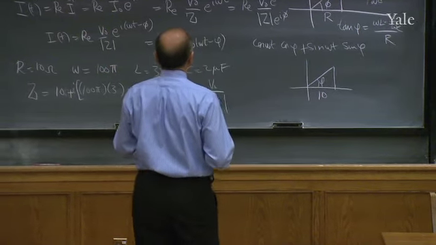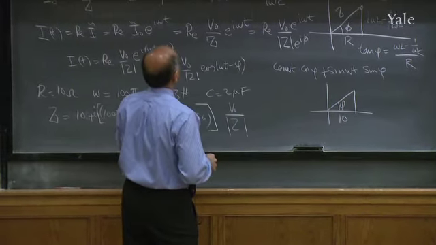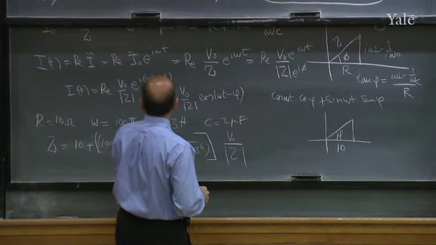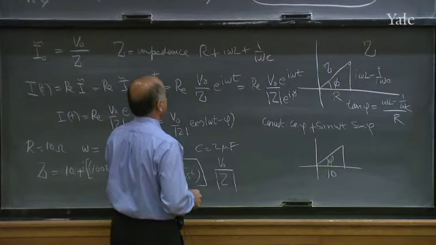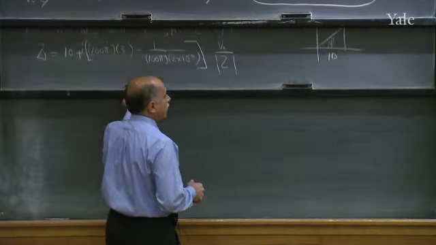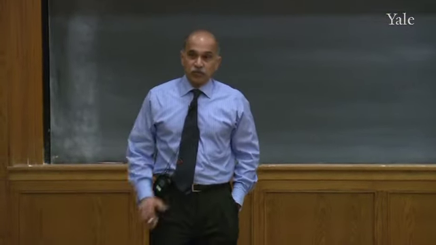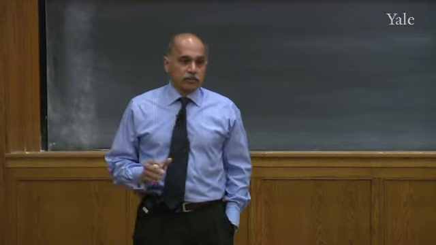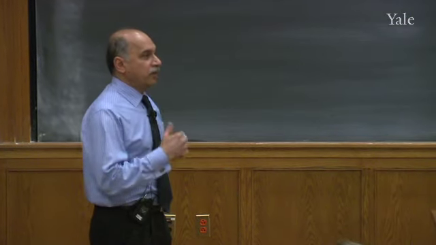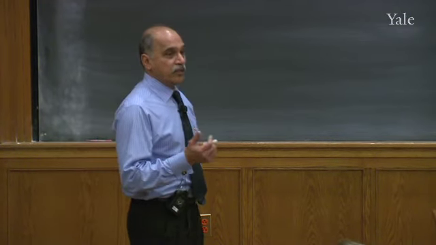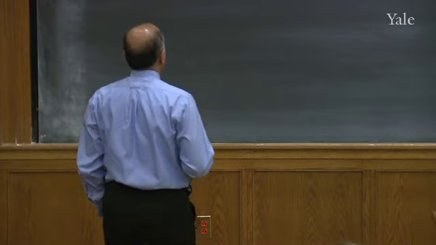Now I'm going to give you one counterexample, where this rule about taking the real part at the end of the day fails. So far the rule was do everything with a complex thing, and at the end of the day, when you found something, you take the real part. Here is a place where it does not work.